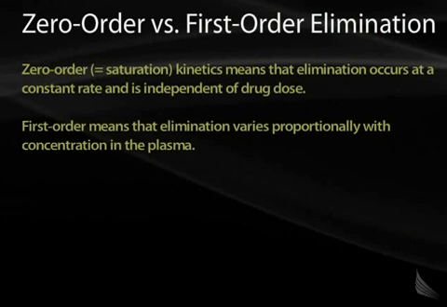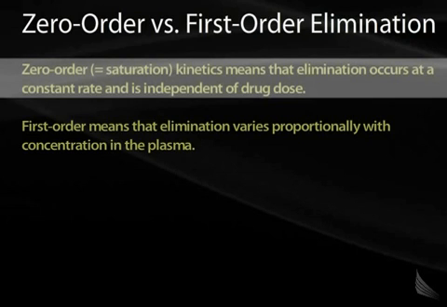When medications are eliminated from the body, they may use different kinetics. And those of you that have a background in mathematics and physics may recognize this. It's the same concept. Certain medications use zero-order kinetics for elimination, and other medications use first-order elimination kinetics. The concept is quite simple.